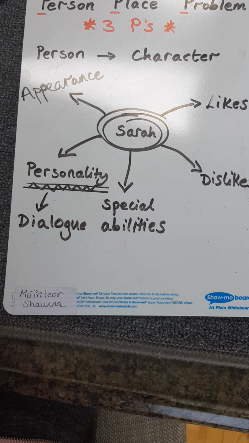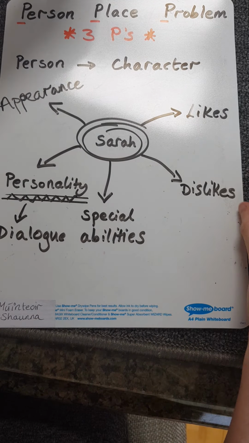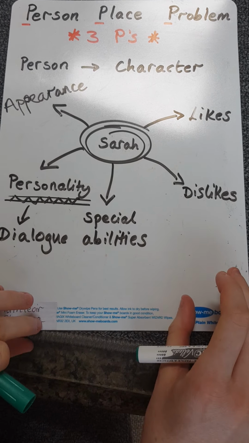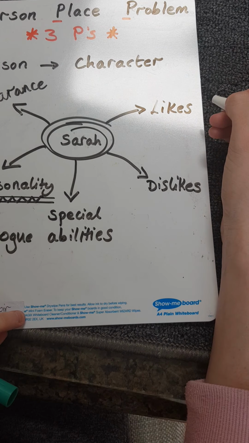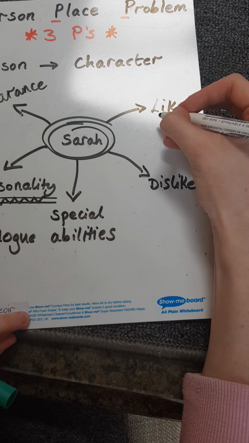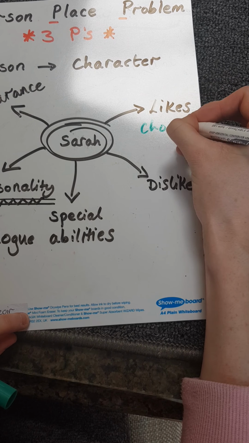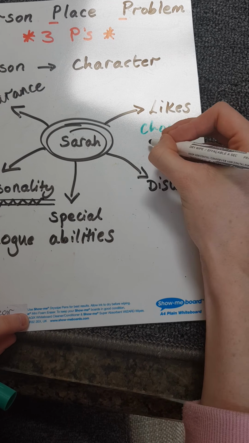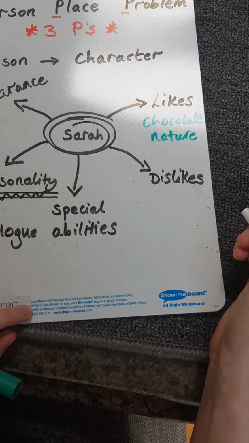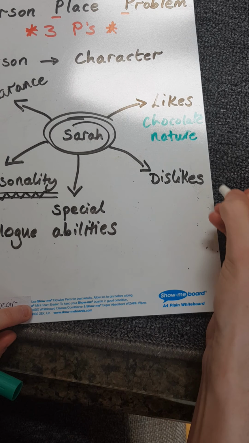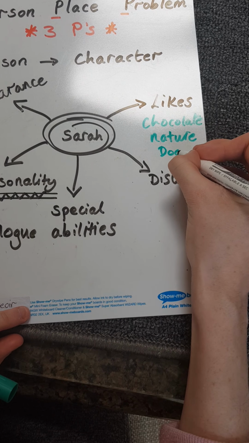So for the sake of it, I'm going to jot down a few things about my character just to give you an example. This character, Sarah, likes chocolate. She likes nature. She likes being outside. And she likes dogs. Okay? Anything.